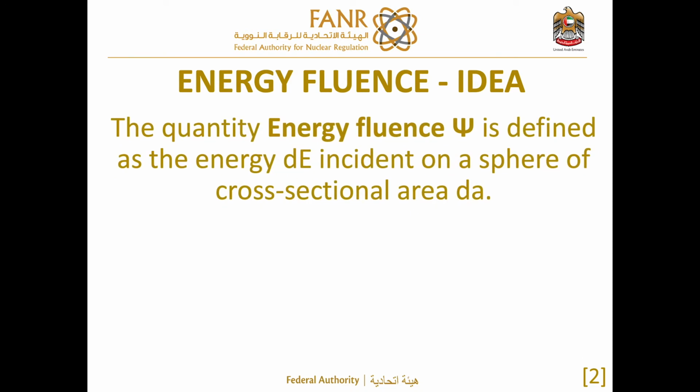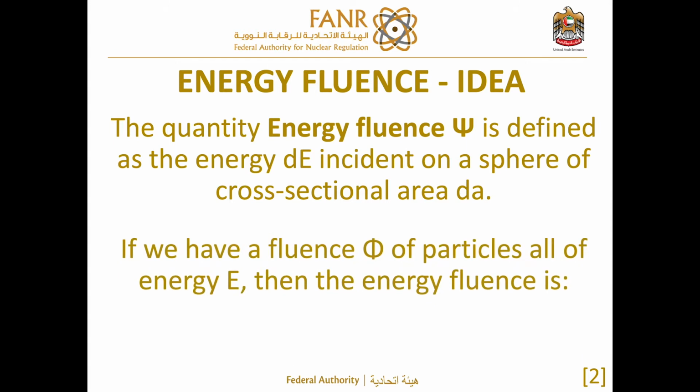Each particle can carry energy because it will come with a certain, let's say, initial kinetic energy. So if we consider the energy which is carried by each particle in crossing that surface dA, we call energy fluence the energy incident on that sphere which has a cross-sectional area dA.